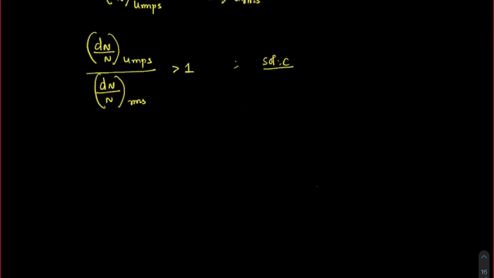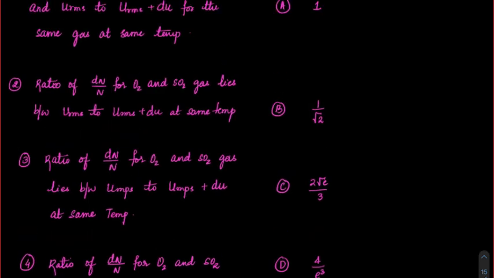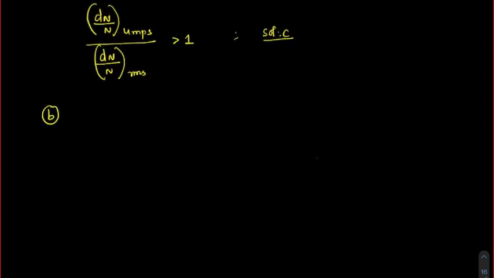Okay, next one, if you see part B, now we can rush a bit. In part B also, again I have to check the ratio for O2 and SO2. What we derived just now: for any particular type of speed, the fraction of particles would always be proportional to m by T into du, correct?